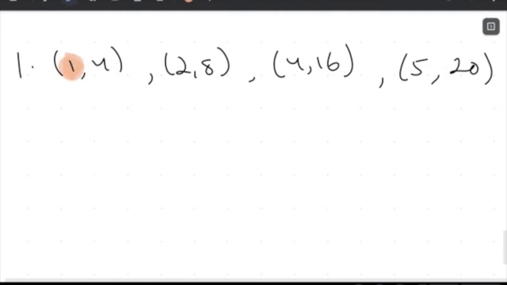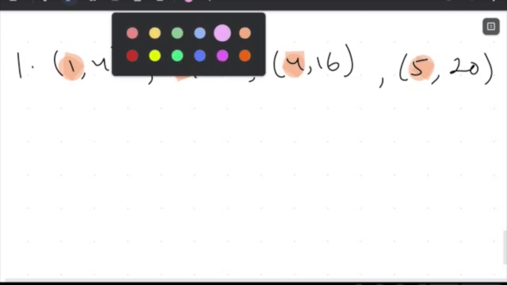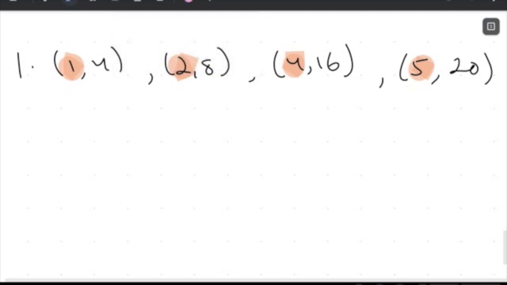Now, all of these x values are different, right? We have a value of 1, 2, 4, and 5, and each of these produces one unique y value. So I have one input, so one x thing going into this, and one output.